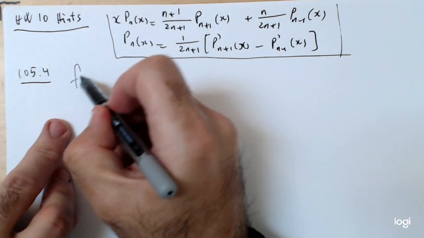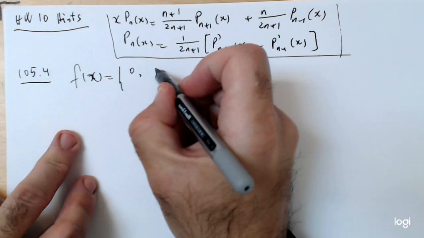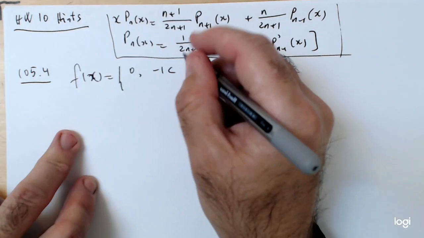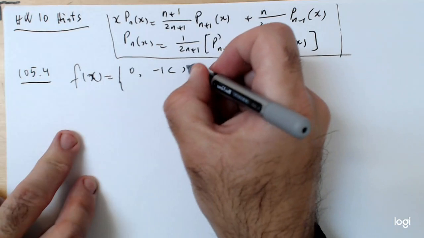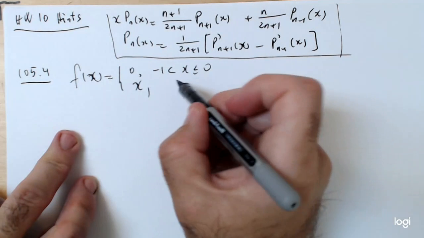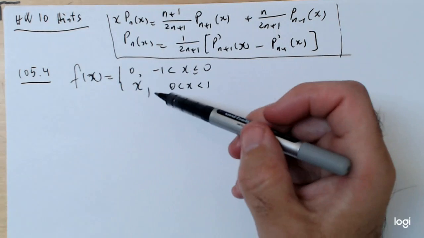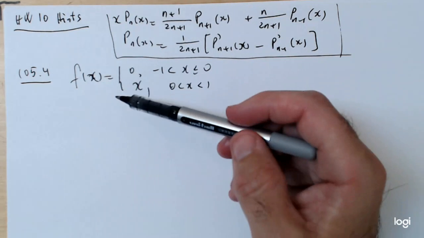from 105, in which you have to compute some coefficients of the Legendre series related to the function 0 for x between -1 and 0 and x for x between 0 and 1. The first question is, why does it have a Legendre series?